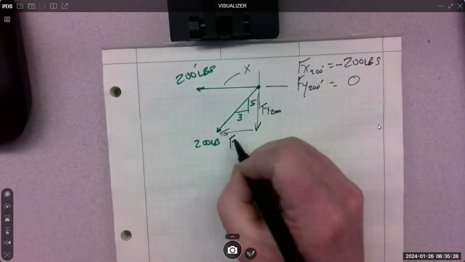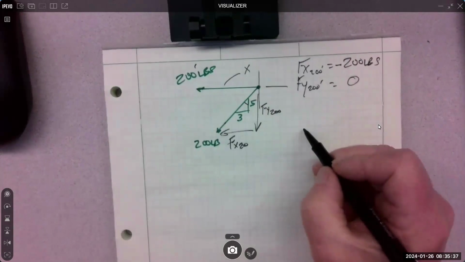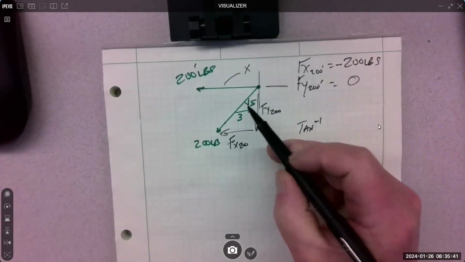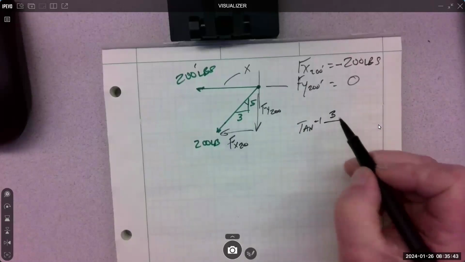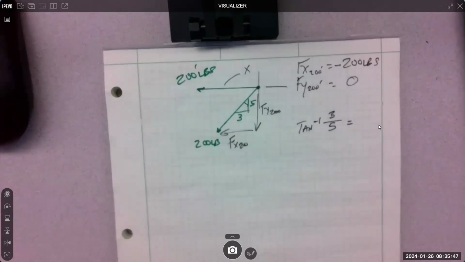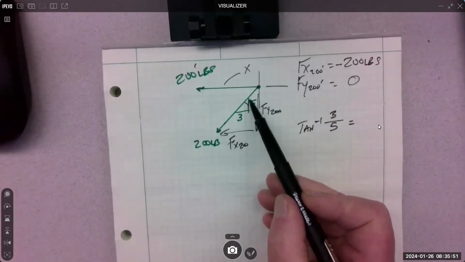So we need an angle. I'll get that, which is going to be the tangent inverse of opposite over adjacent. So I'll be doing this angle here, opposite 3 over 5, inverse tangent.